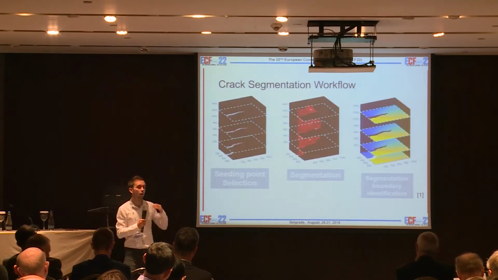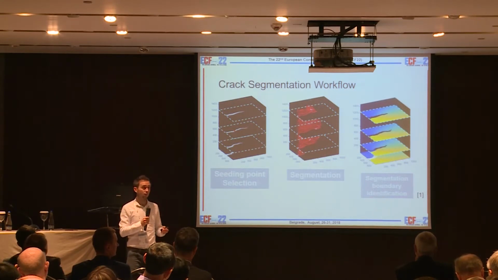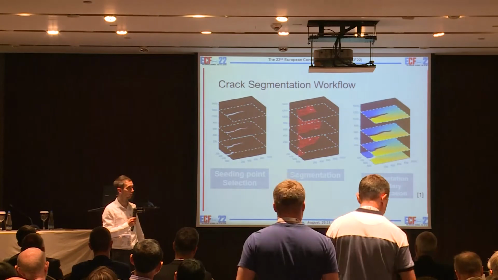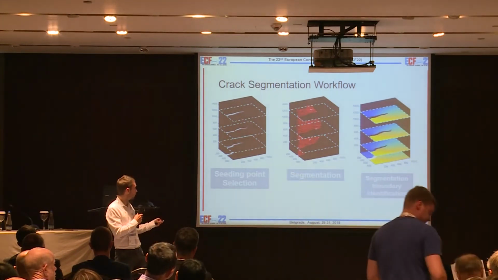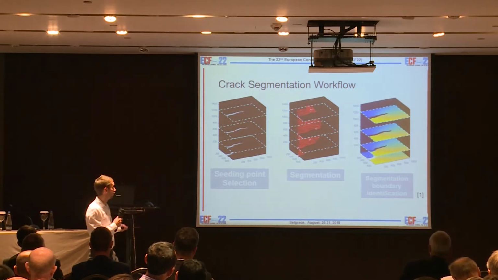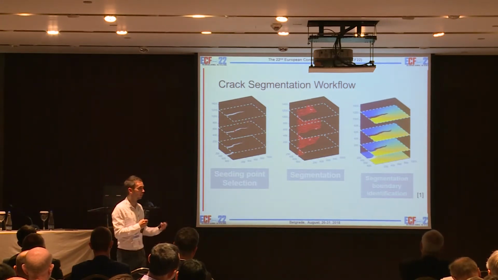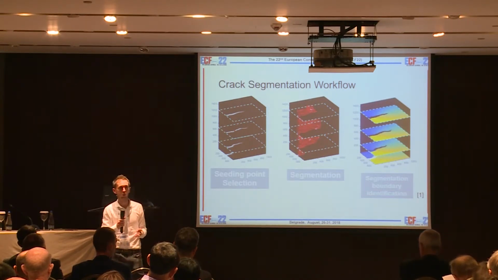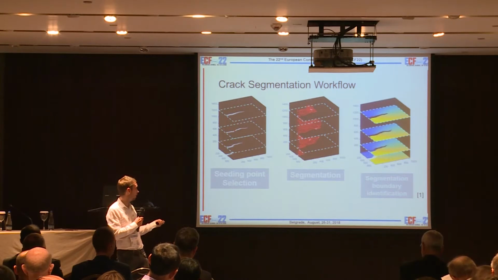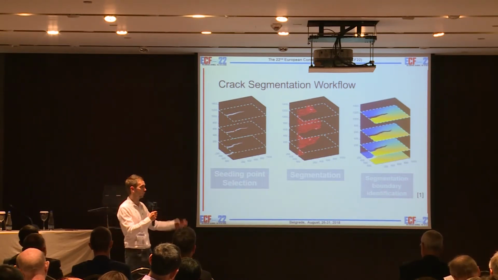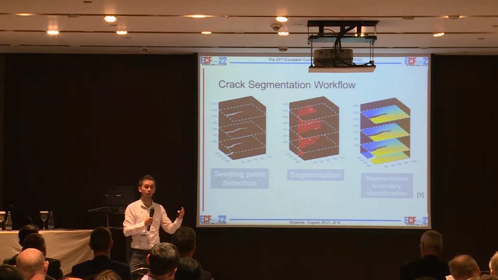From the volumetric phase congruency, what we produce is this sharp grayscale volume, and then we can use that to segment out our 3D crack, which is really useful. We can see, for example, the tortuosity of the crack, and if you have a more complex crack than we have here, you can look in 3D at the branching, texture and distribution of your crack. Again, a very useful and interesting tool.